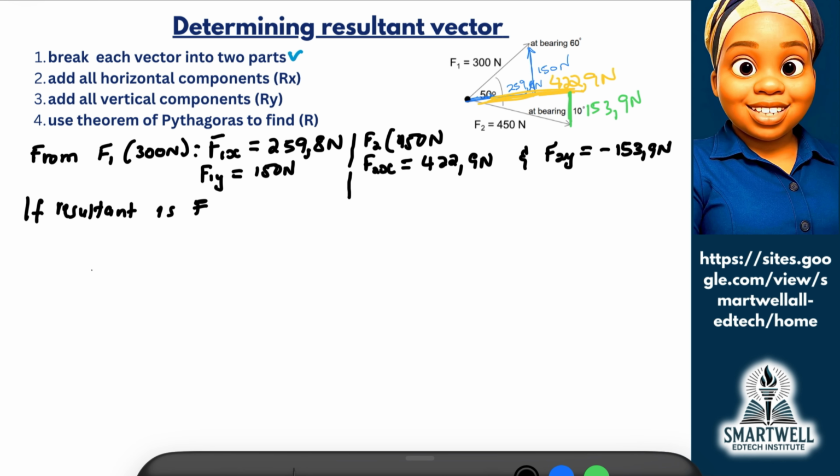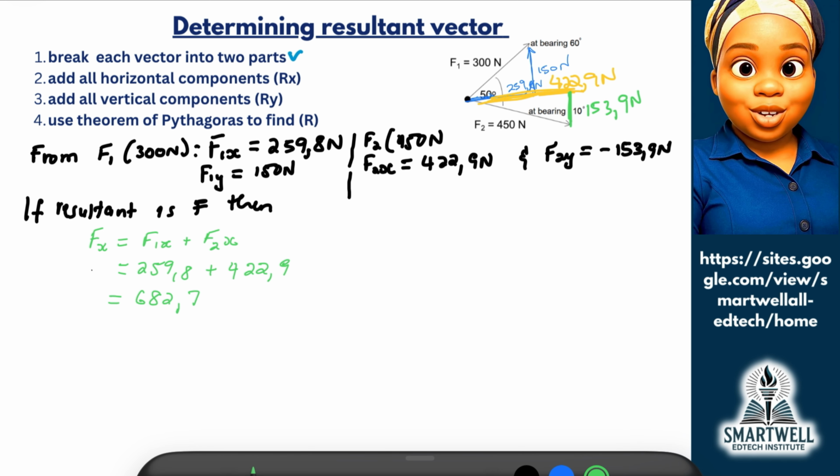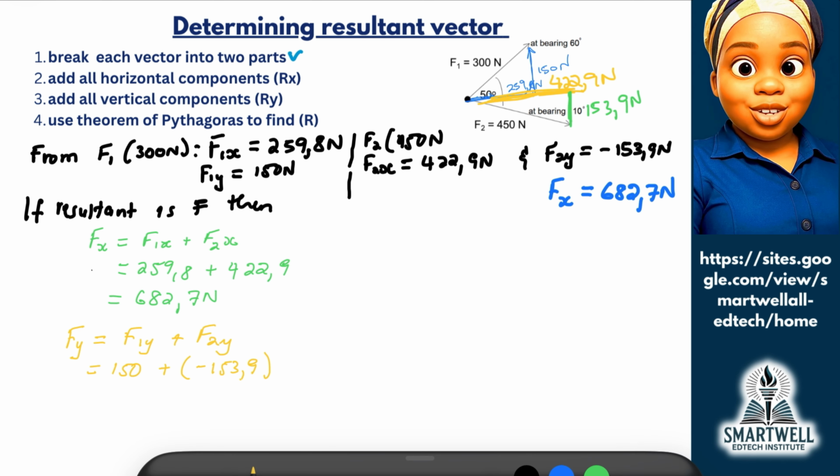If our resultant is F, then Fx is equal to F1x plus F2x, which is 259.8 plus 422.86. That gives me 682.67 newtons. Now Fy is equal to F1y plus F2y, which is 150 plus negative 153.91. That gives me negative 3.91 newtons.